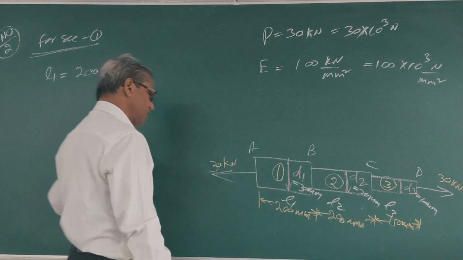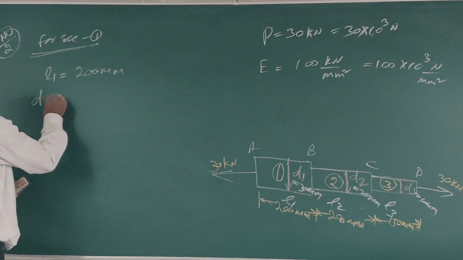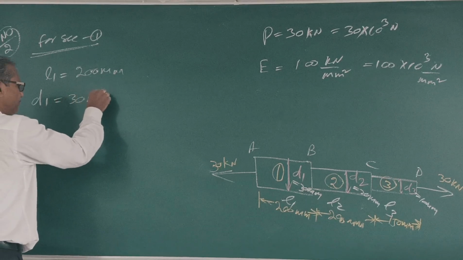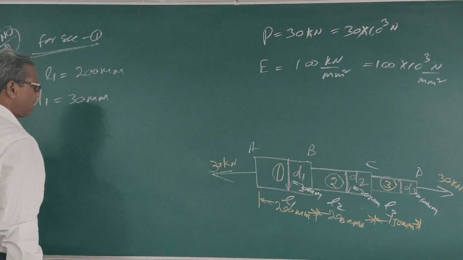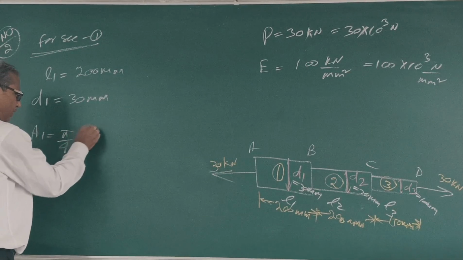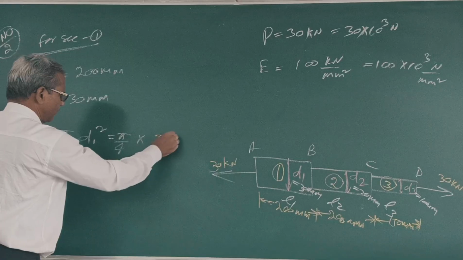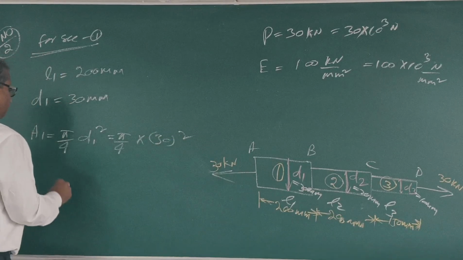Clear? So for section 1, D1 is equal to 30 mm. What is area A1? Pi by 4 into D1 square, so pi by 4 into 30 square. Clear? Find A1.